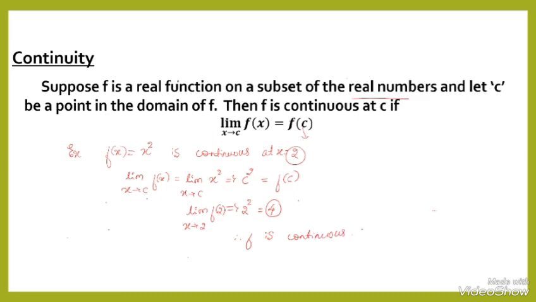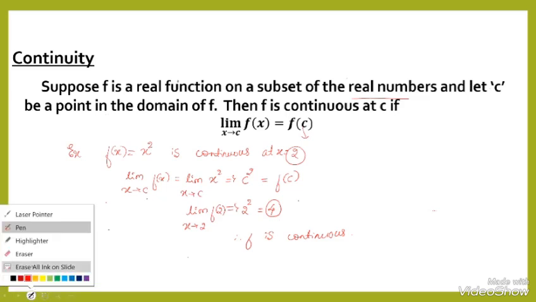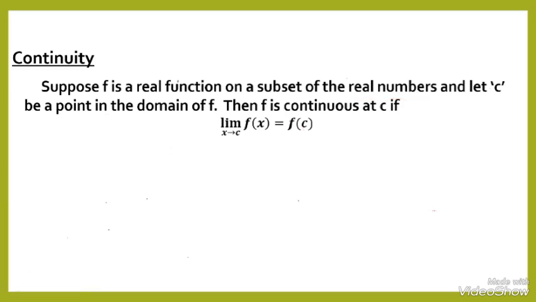Now, based on the real numbers, we will discuss another definition. Sometimes we take the limits, that is, the left-hand limit and the right-hand limit. The point c is present here.